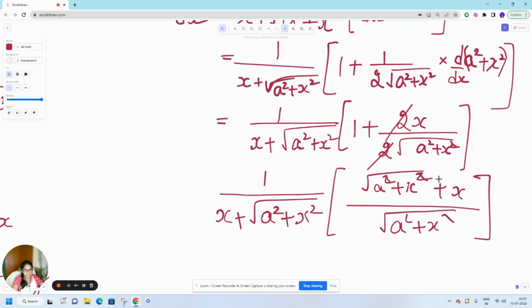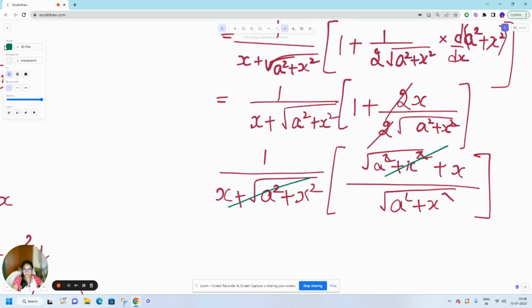So here these both terms get cancelled. Clearly, our final answer is 1 divided by square root of a square plus x square.